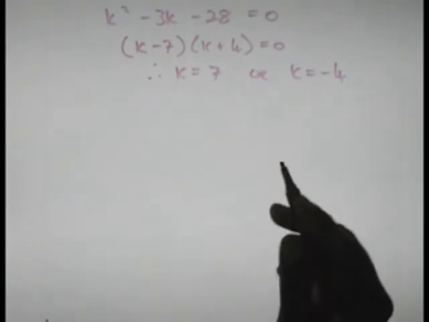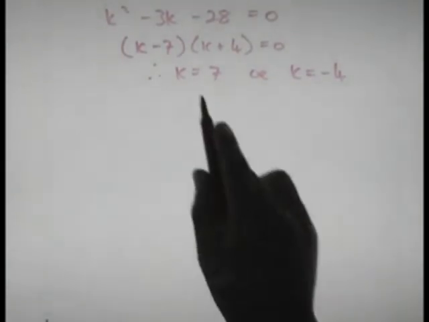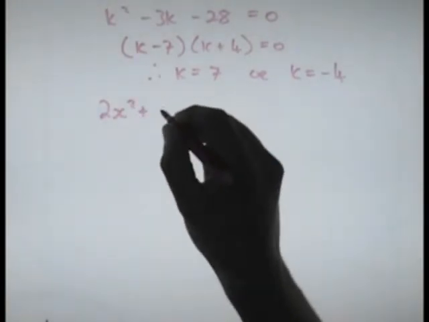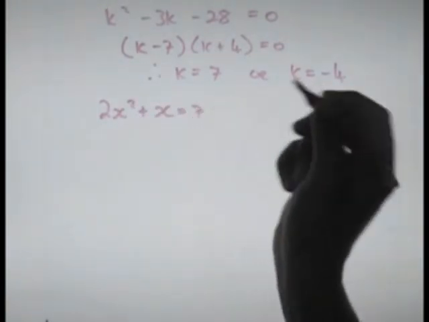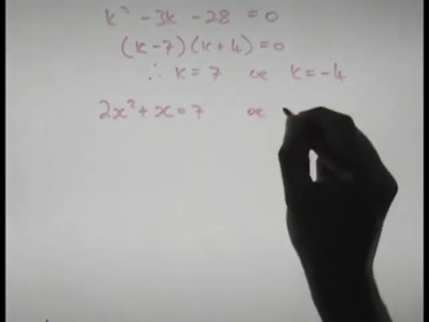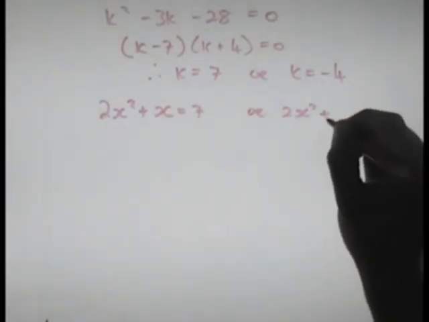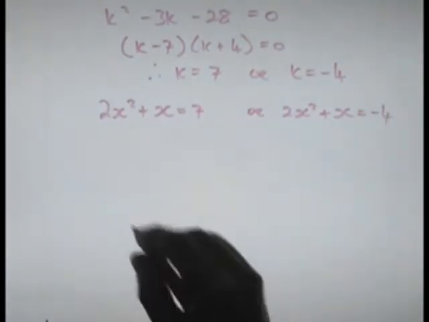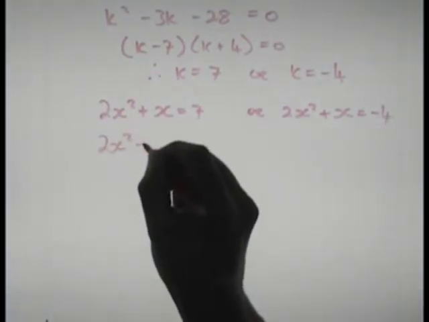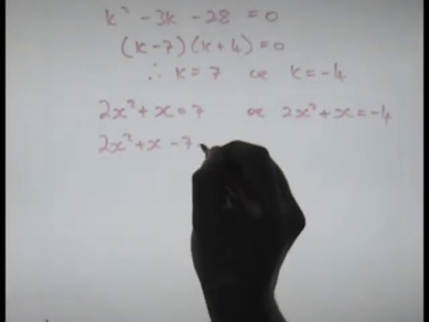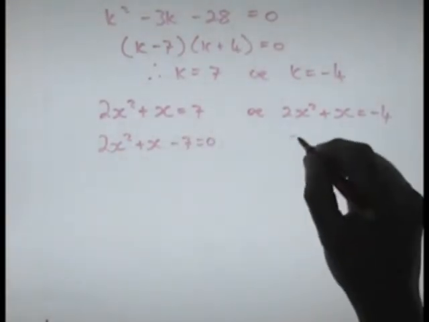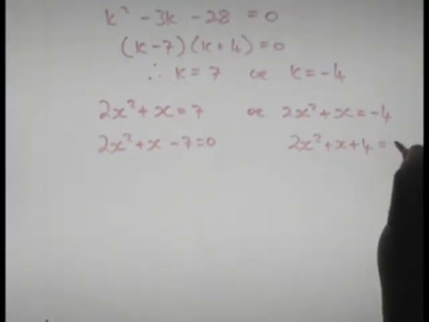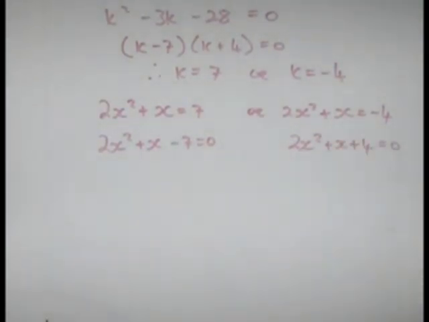I said that k is equal to 2x squared plus x. That means for this one over here, 2x squared plus x is equal to 7, or 2x squared plus x is equal to negative 4. This will become 2x squared plus x minus 7 is equal to 0, or 2x squared plus x plus 4 is equal to 0.